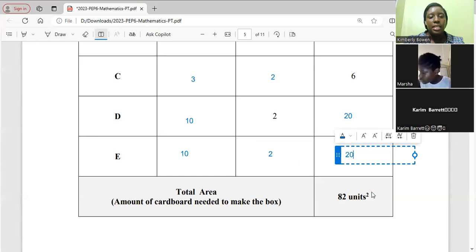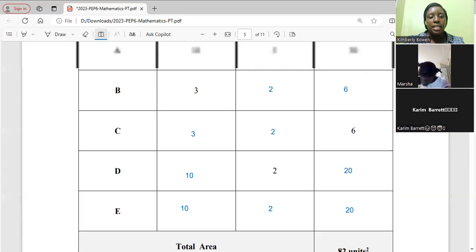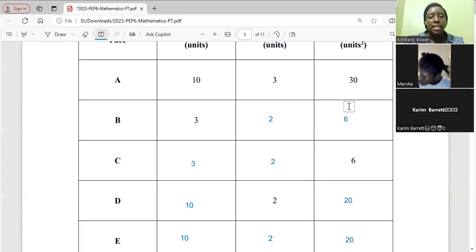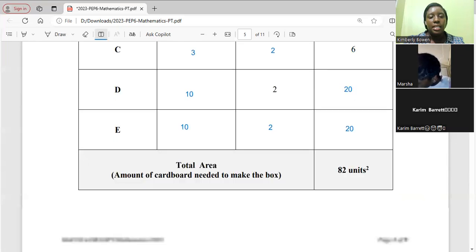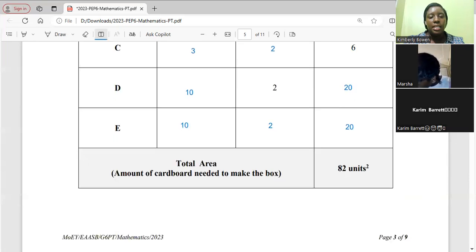And they gave us the total area here. And just to make sure, we can check it: 30 plus 6 plus 6, that's 42. Plus 20, 62. Plus another 20, 82.